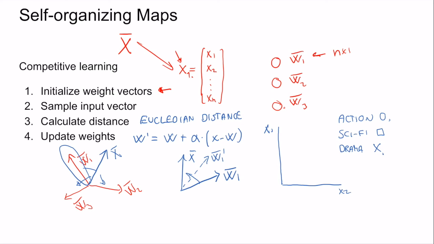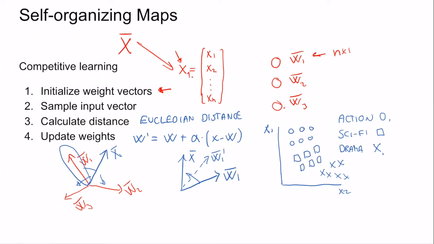Okay, so then we can basically plot this. So this is how it looks like, maybe. So action movies are here. Then we have sci-fi movies, which are here. And then we have drama movies, somewhere here.